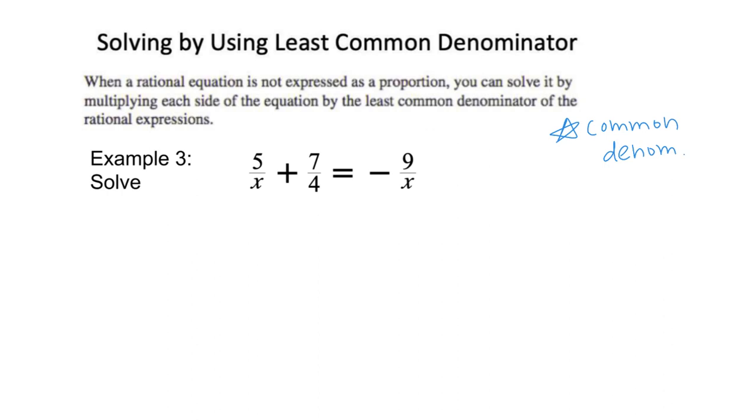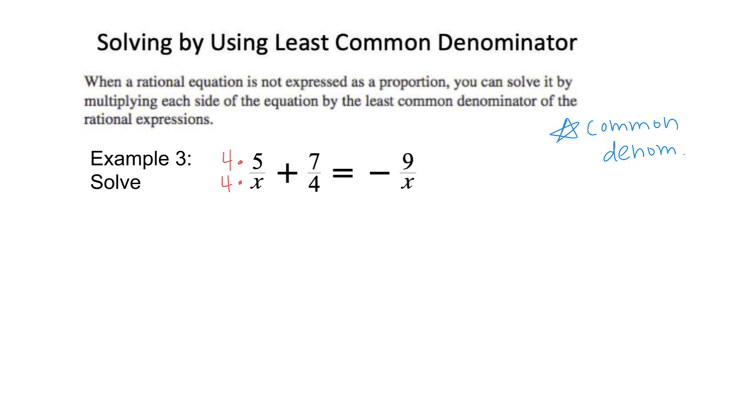Looking at the bottoms of each of my fractions, the first fraction and the fraction on the other side of my equals both have x's, but this middle one has a 4. So I need to add those things that are missing to each of the fractions. The first one has an x, but it doesn't have a 4. So I'm going to multiply top and bottom of that one by 4, giving me 4x on the bottom.